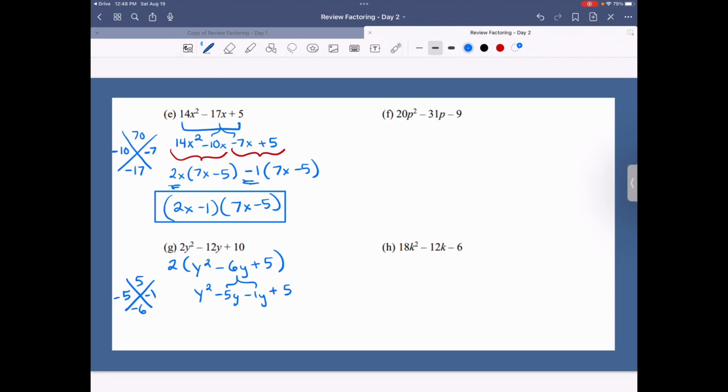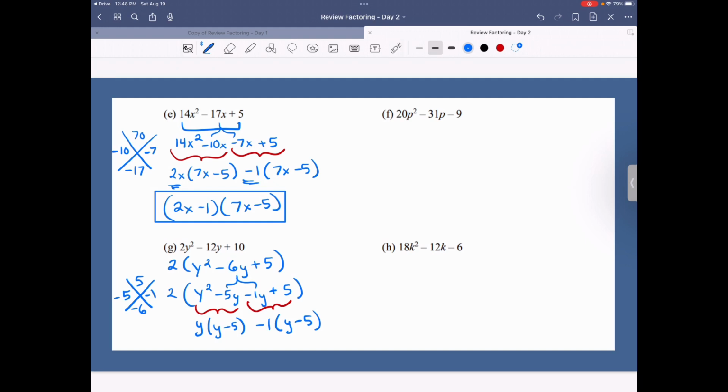And then don't forget that we have our 2 out here. So I'm going to group these. And I factor out a y. And then I have a y minus 5 left. And then I'm going to factor out a negative 1 so that I have just y and a minus 5.